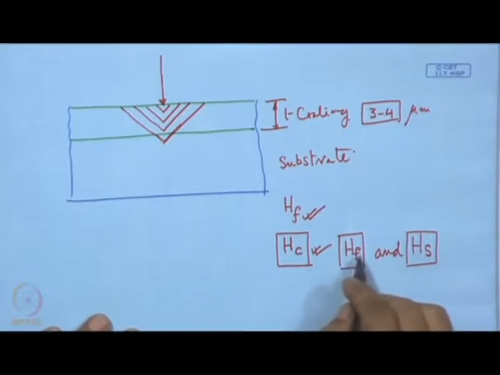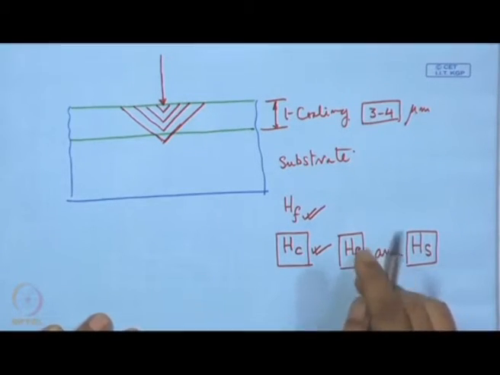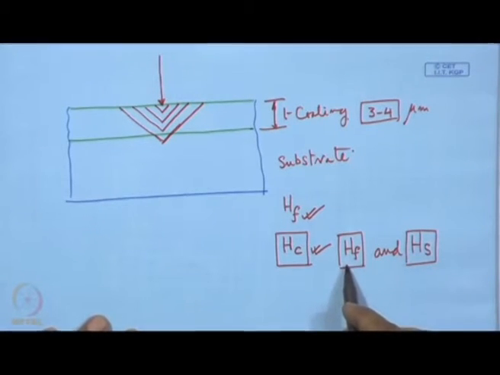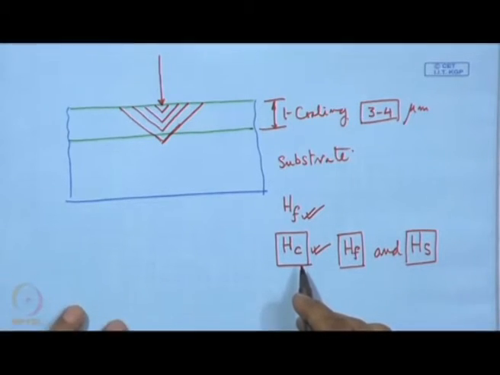So, their influence with certain weightage is playing the role. It is a certain percentage of HF and a certain percentage of HS playing their role, and finally, what we measure superficially, externally, with this apparatus is HC.